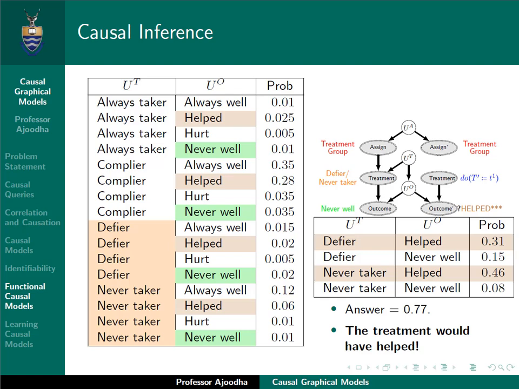So actual counterfactual inference is easy. From the real world evidence, we narrow down the possible reasoning types. If we know the patient was assigned the treatment, did not take it, and did not get well, we just restrict the possible values of the treatment response and the outcome response variable. Then in the counterfactual world, we set the treatment to T1 and ask whether the outcome would be positive. And so then the final answer would be 0.77.